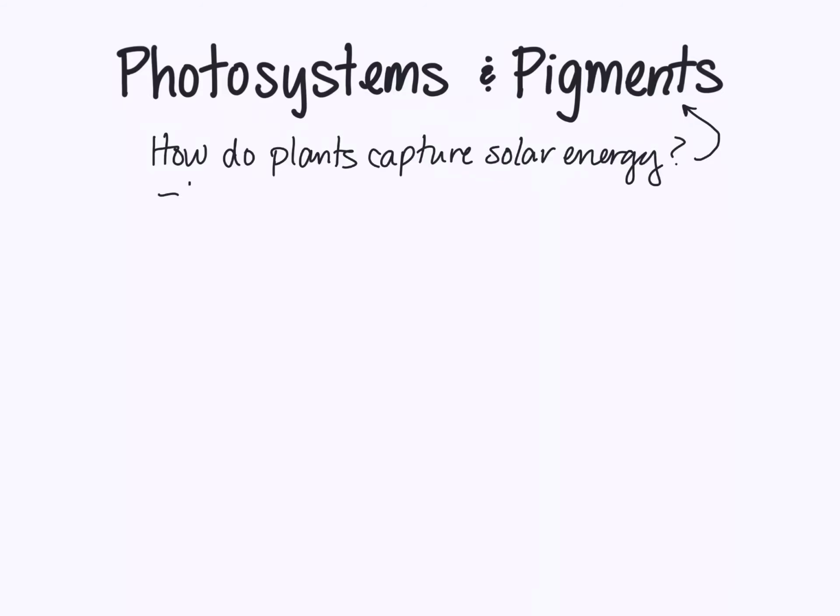So let's talk a little bit more about these pigments. Pigments are molecules, and more specifically, they are a type of protein. There are three primary pigments involved in photosynthesis in plants.